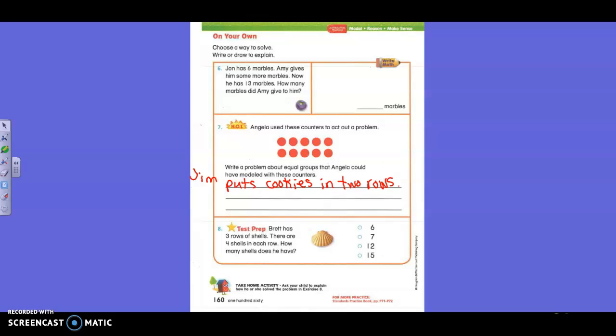Yes, period, and then we have to write more. What do we know again, Hudson? There are 5 cookies in each row.